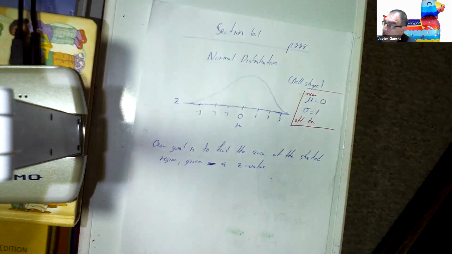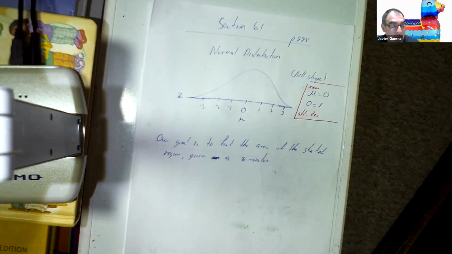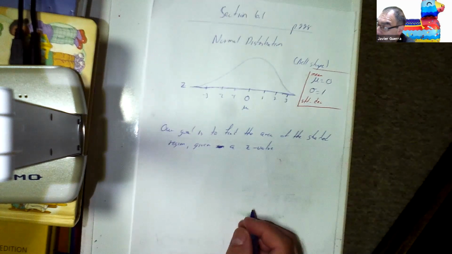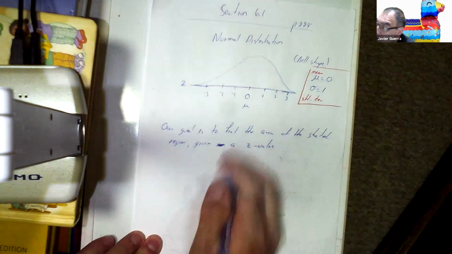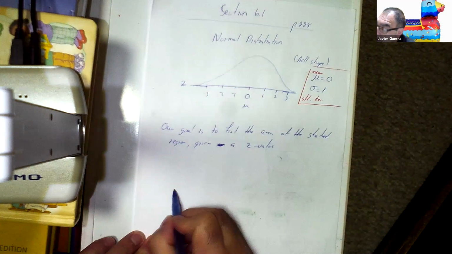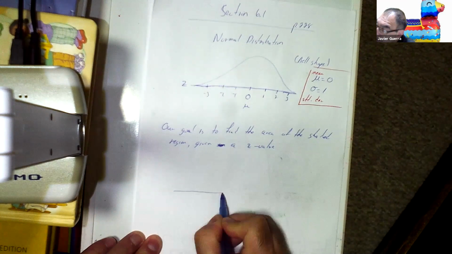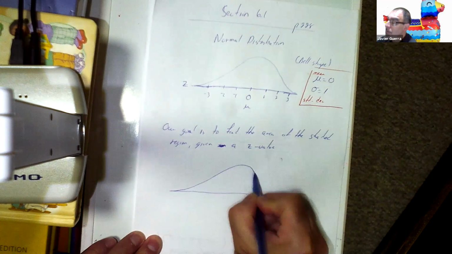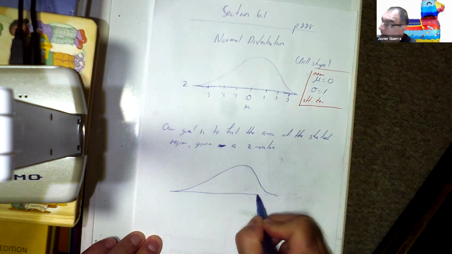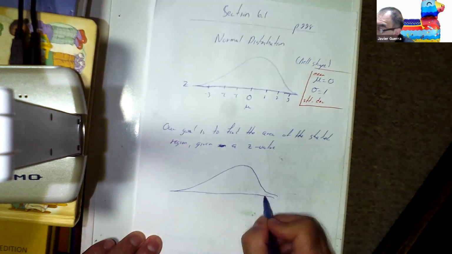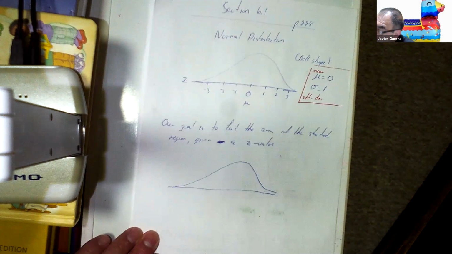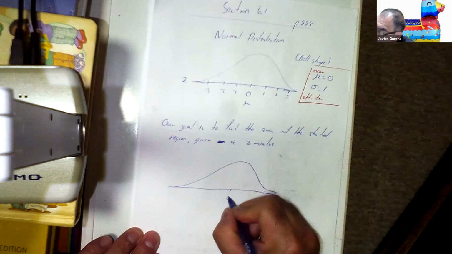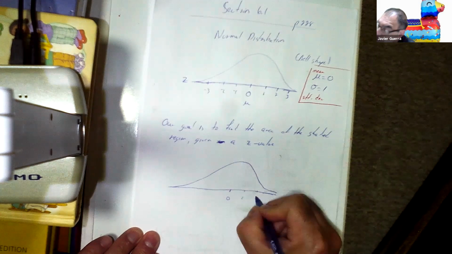Okay, so I'm going to draw another curve because I really need to practice, right? That looks terrible. I'm going to see if I can draw another. 0, 1, 2, 3, -1, -2, -3.